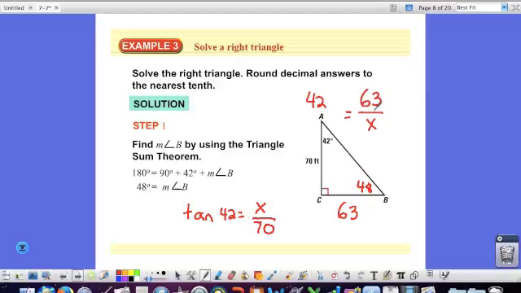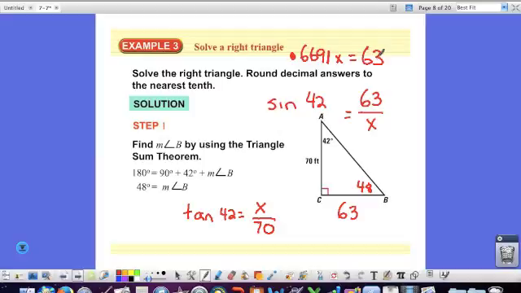If I have opposite over hypotenuse, that's, in SOHCAHTOA, the sine of 42. So in my calculator, the sine of 42 is 0.66913, so 1 times x is going to equal 63.